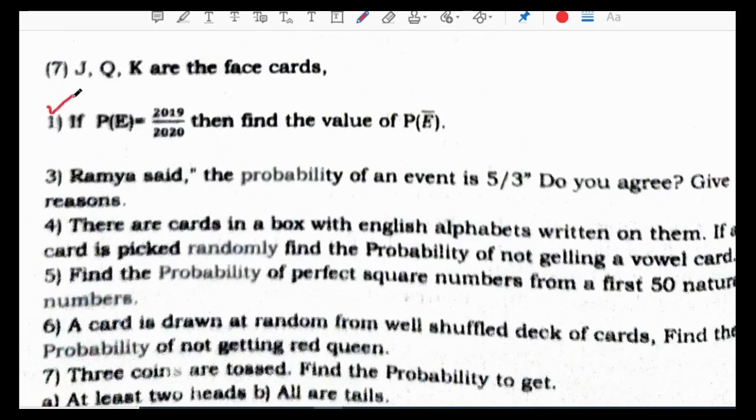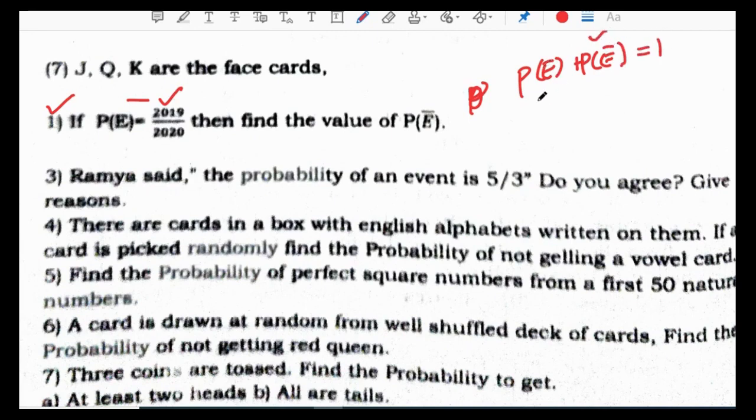First question: the probability of an event is 2019/2020, then find the value of P(not E). Whenever P(E) is given and you need to find P(not E), you have to subtract the given value from 1, because P(E) plus P(not E), where E bar or not E can be written like this, is equal to 1.